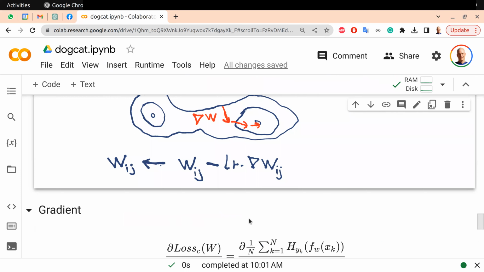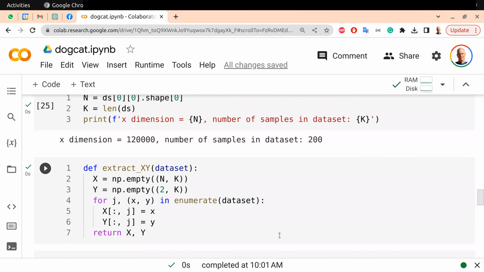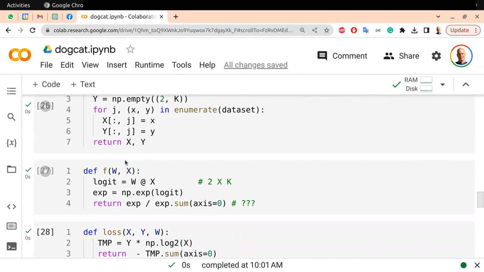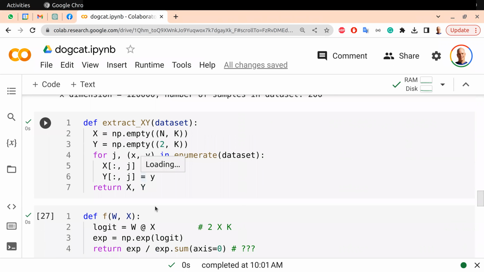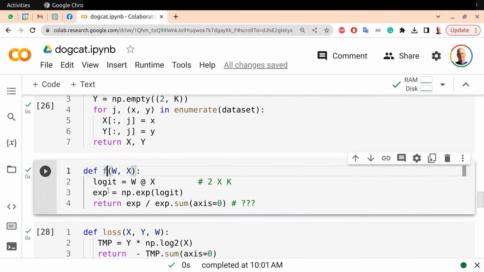Okay, so this is what we did, and we wrote many functions that implement it. Extract XY was just converting the data set into matrices, but this is the implementation of the F function.